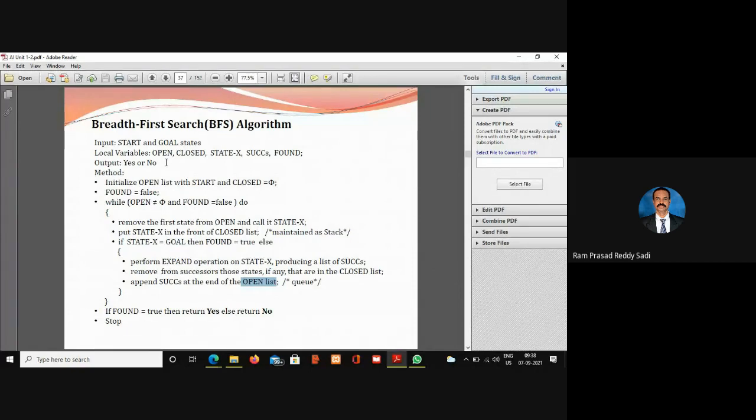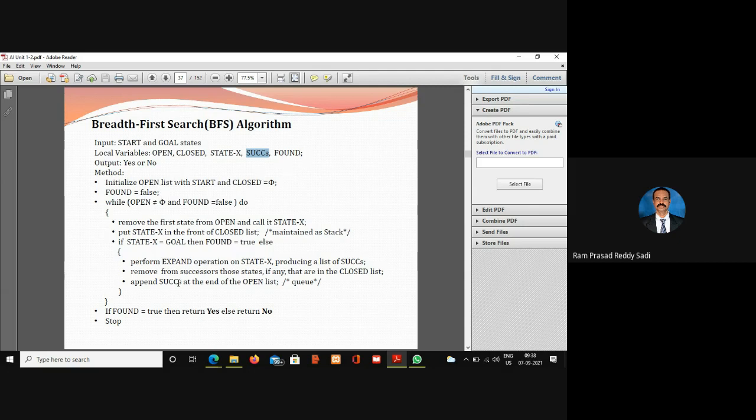You are starting with an open list and a closed list. The state X represents the current state of the node. Successor will have the nodes at the upcoming level, the next level, and found specifies the state of the problem. So initially open will have the start state and the closed list is empty. The initial state of found is false.